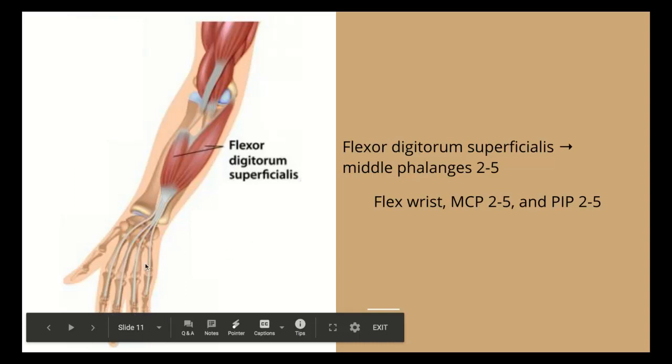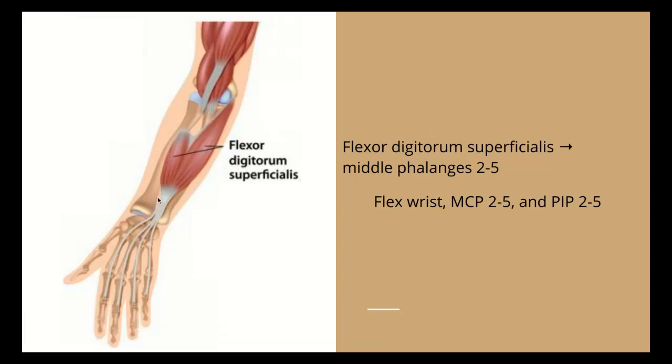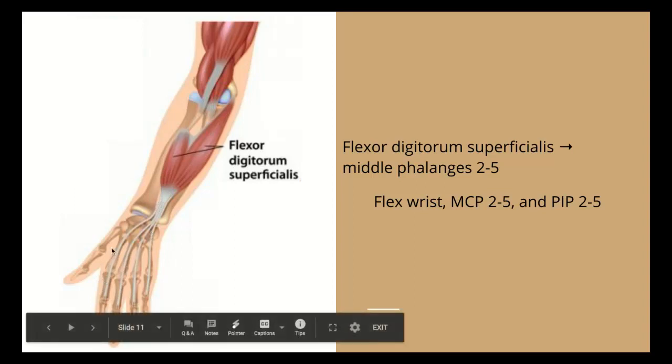So if this is going to be inserting on the middle phalanges, 2 through 5, then we're going to see that this muscle is going to have the action to flex the wrist, right? Because it's crossing the wrist joint. It's also going to have the action to flex at the metacarpal phalangeal joint, which is right here. And then it's also going to have the action at the PIP, which I just abbreviated here because it's shorter, but that is the proximal interphalangeal joint of 2 through 5, okay?